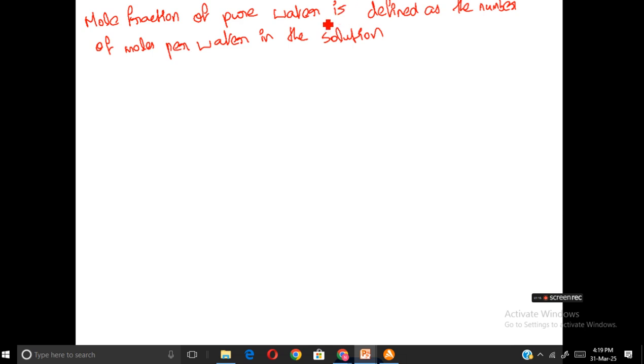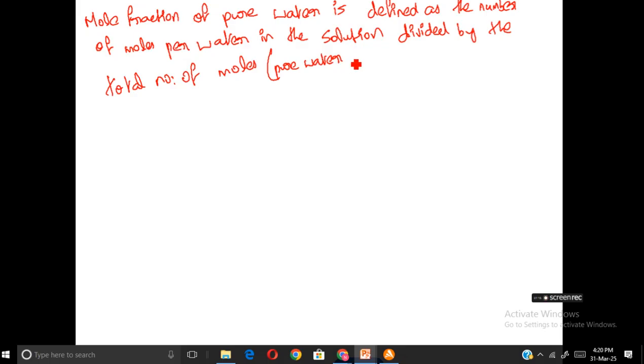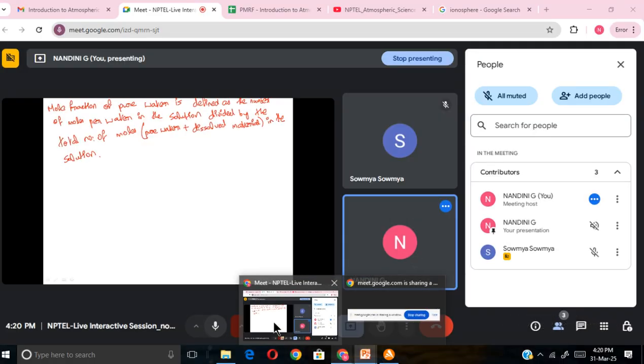The number of moles of pure water in the solution divided by the total number of moles, that is pure water plus the dissolved material.